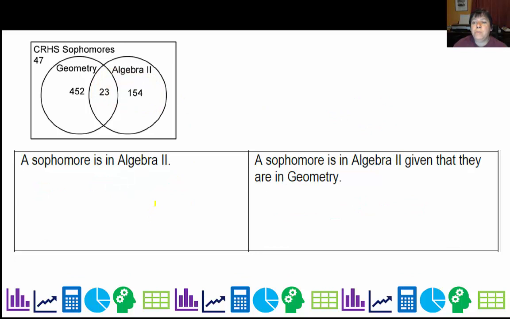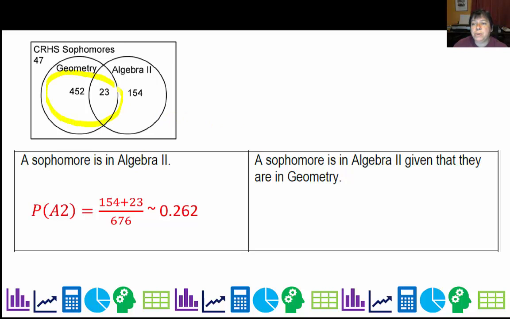Okay, the probability of sophomores in algebra 2. Well, algebra 2 would be all of this area right here. So it would be the 23 plus 154 over 676, or about 26.2% probability. Now that is in algebra 2, given that they're in geometry. Now see, this one is just switched from the one above it, and we know that they're in geometry.